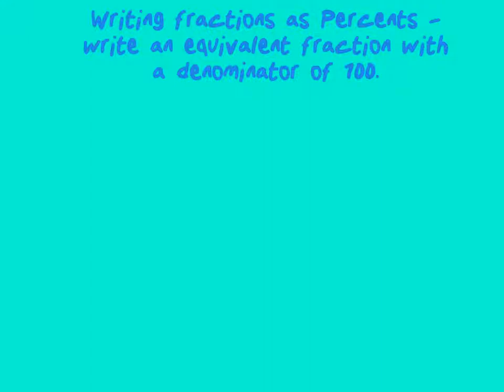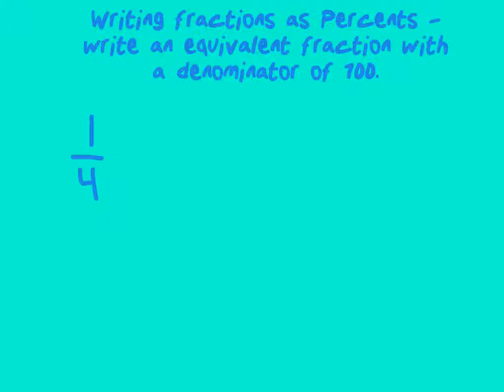Now we're going to flip the script on you a little bit, and we're going to go from fractions to percents. So in the first couple of examples, we had the percents and were going to the fractions. Now we have the fractions, and we're going to go back to the percents. Let's say we're given 1/4. The first thing you want to do is multiply the denominator to get 100.